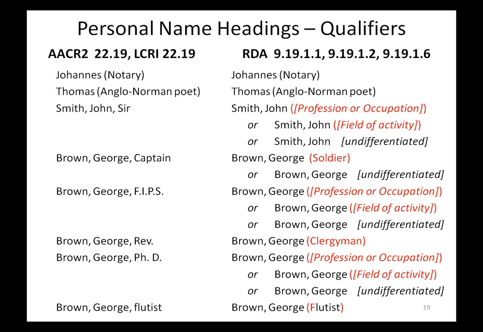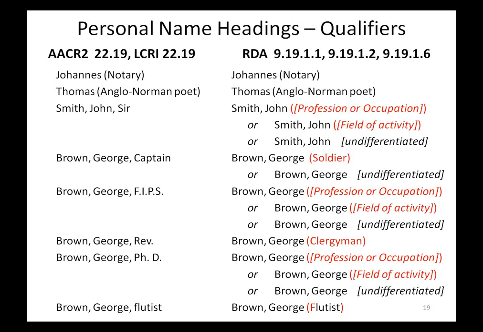Okay, a little bit about qualifiers. In AACR2, if you had neither a fuller form of name nor dates available to distinguish between identical headings when the entry element was a given name, we are told to devise a suitable brief term and add it in parentheses. So those are the examples you see, the first two examples.